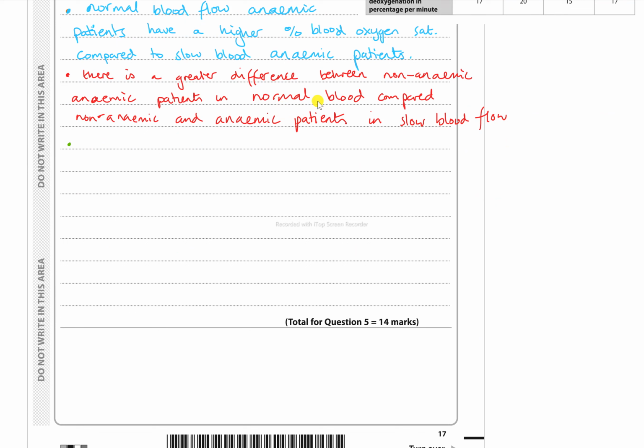According to the mark scheme, they start discussing that there are fewer red blood cells, and it's normally linked to deficiency in iron. Remember, the hemoglobin molecule contains iron. That's what gives it its red color. So if you've got deficiency in iron, you'll have less hemoglobin or even fewer red blood cells.